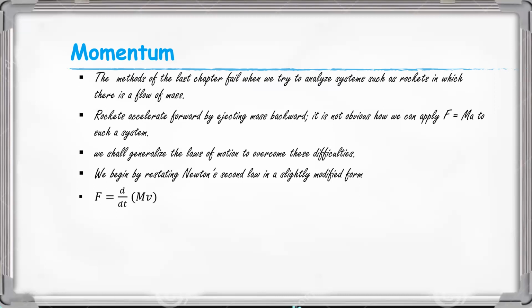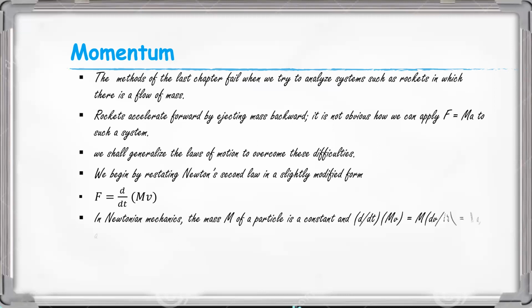F is equal to d by dt of mv. In Newtonian mechanics, the mass of the particle is constant.